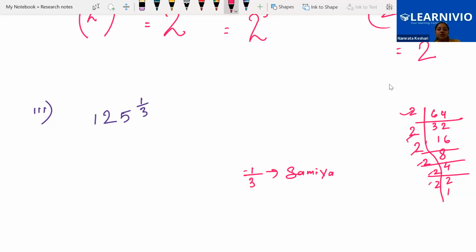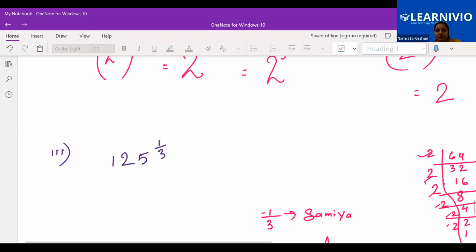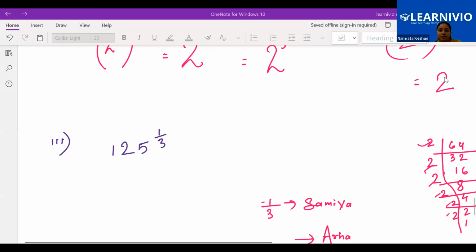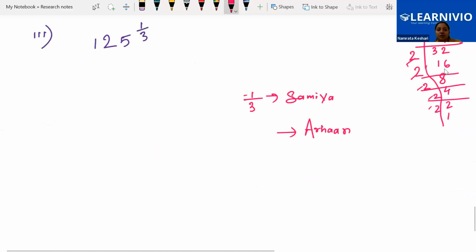Okay, Arhan, you are saying that. It will be 1 by 125 raised to the power 3. That's what you are saying, Arhan? Like this, have I written it correctly the way you are saying?